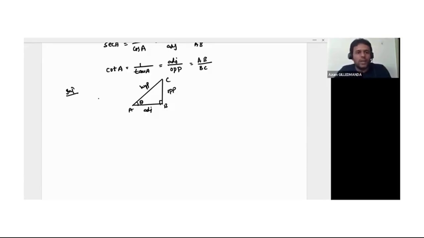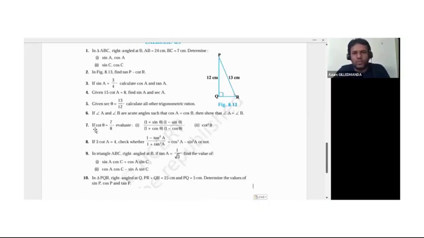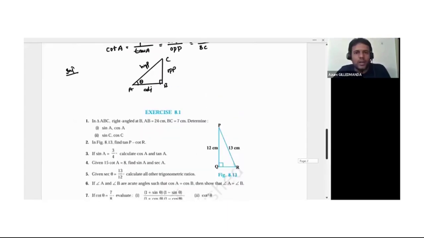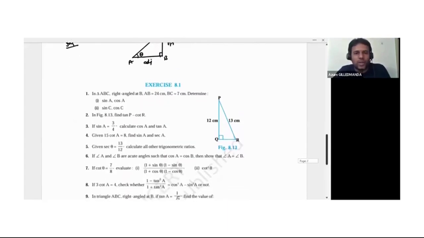Now what I have done is, for our reference, I have just taken a screenshot from our NCERT book, so that we will see a couple of problems from that. That way it will be easy for you to see which problem I am targeting, right? So this is exercise 8.1.